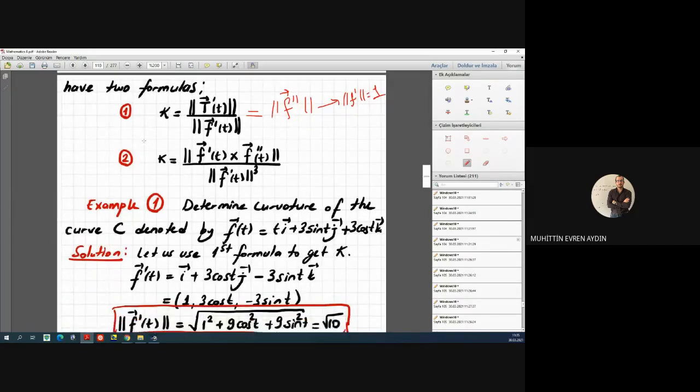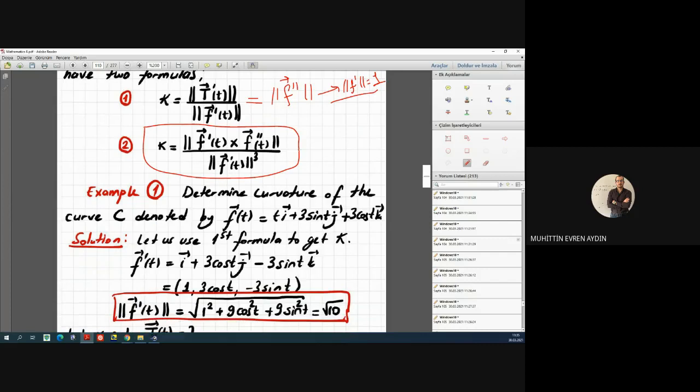Otherwise, you can use this formula. The second formula is always valid, but the first formula is easy and may be used only in a special case, namely, when the vector valued function has unit speed.